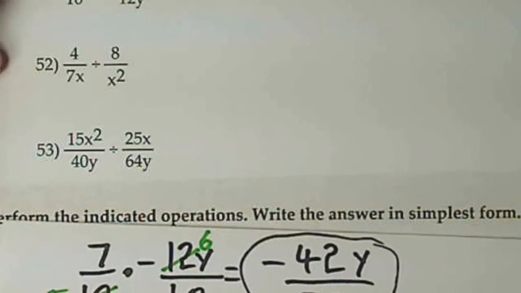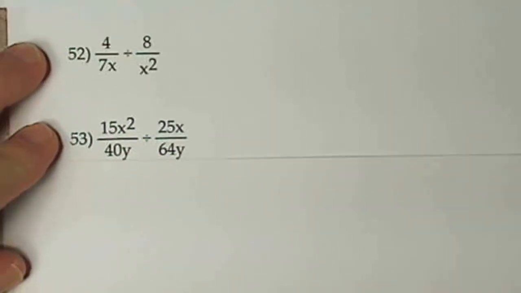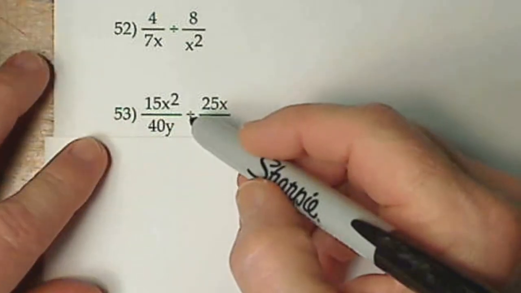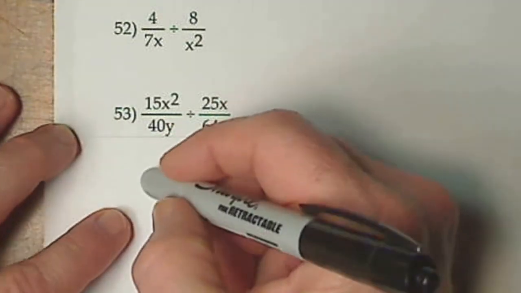And let's see. We'll tackle number 53. Okay. So on number 53, again, this is division. When you divide by a fraction, you have to flip it and multiply.